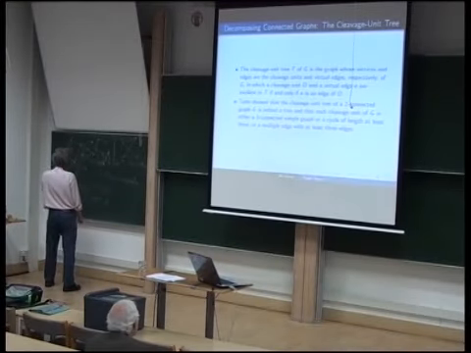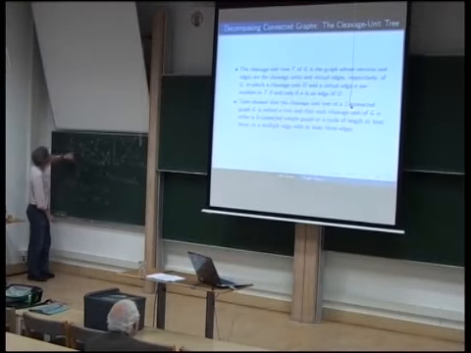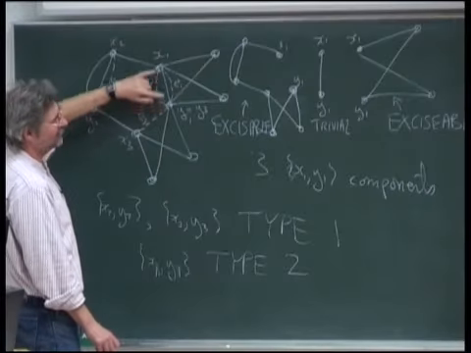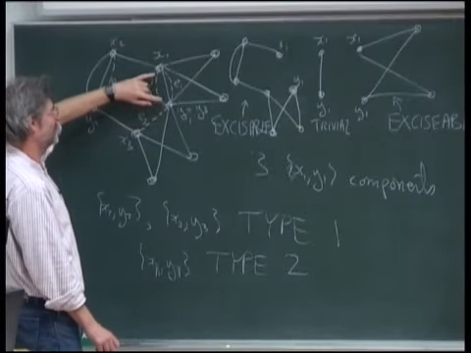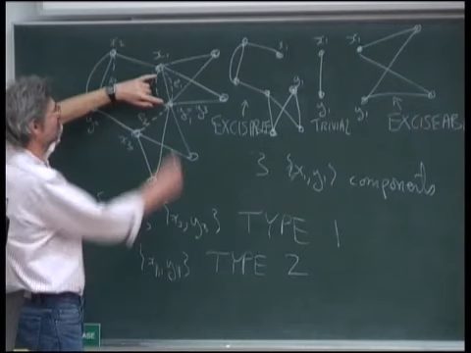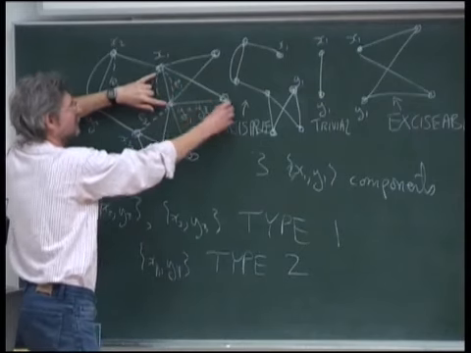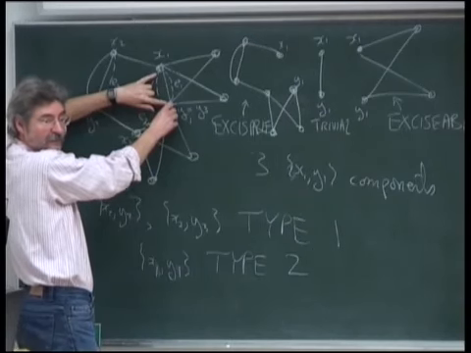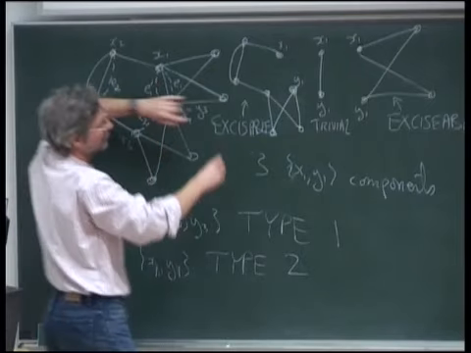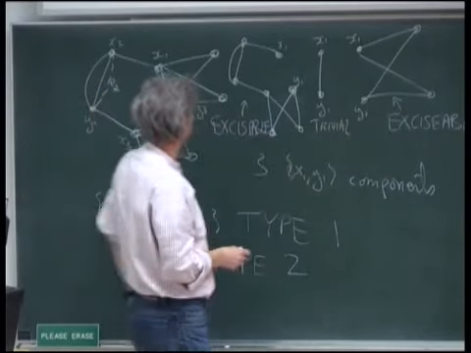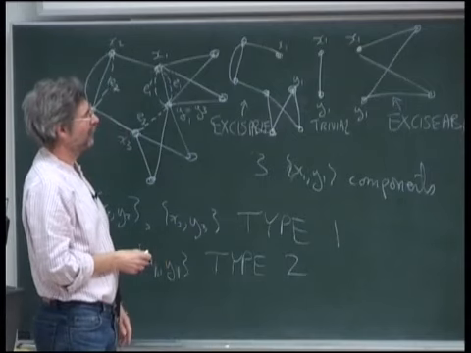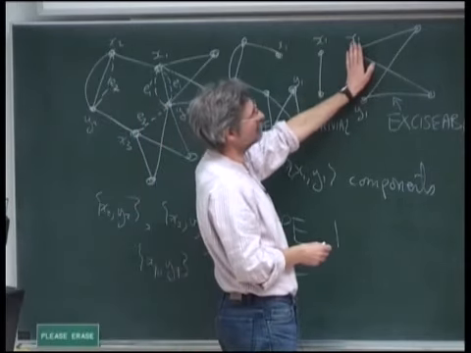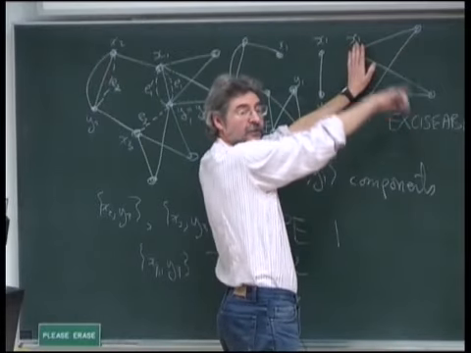X1, Y1 has four components, because these are different components. They're not the same component. If you delete X1 and Y1, you get three connected components. So I delete this two vertex cut. I don't get one component, I get two components.